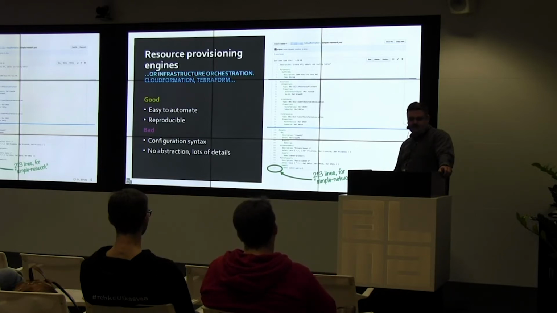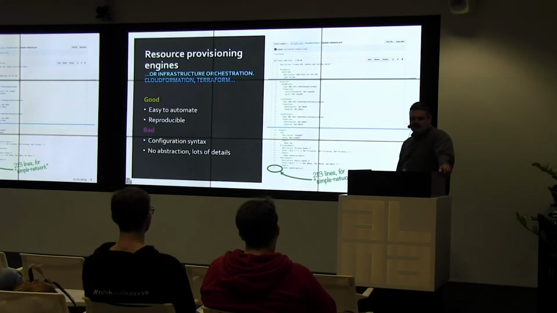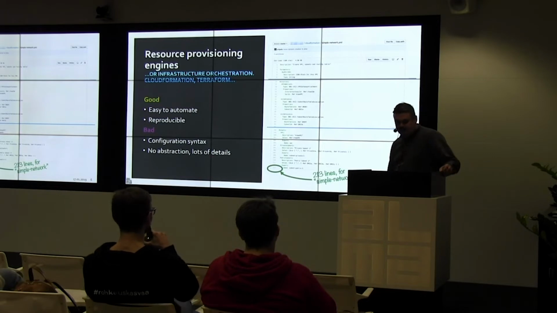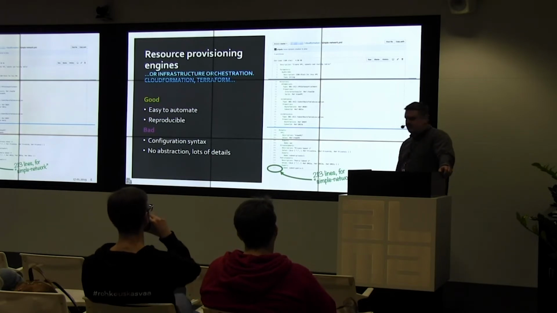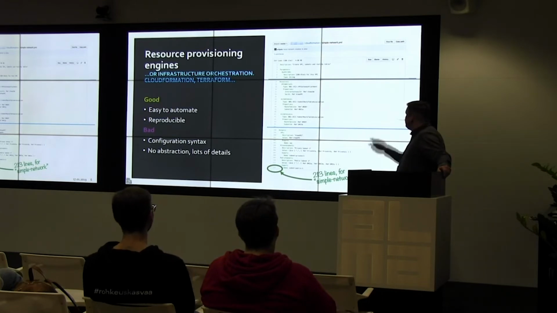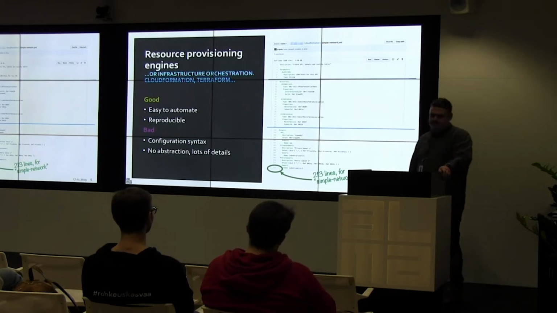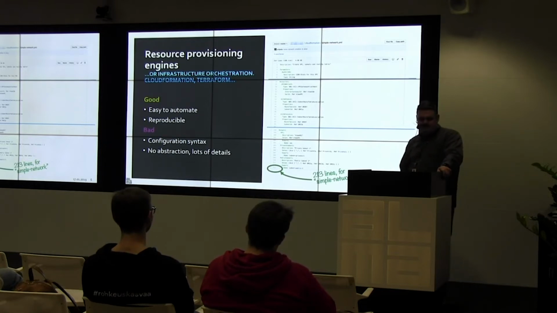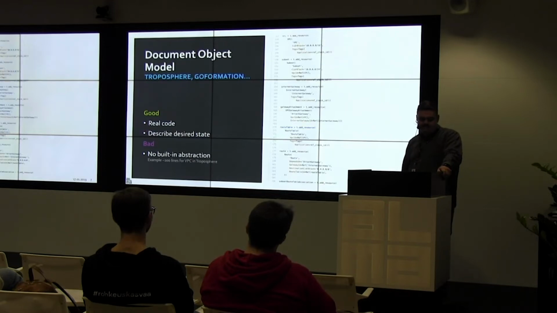But the bad thing here, and this is again opinion, is that it's a lot of configuration syntax, and it can get a bit boring to look at a lot of configuration syntax at times. And then also there's no real abstraction. There's just a lot of details. Here's an example of an old CloudFormation template of mine which says simple network, but it's still 200 plus lines. I don't know if it's that simple or not, but it's still not the best possible situation, at least I think so.